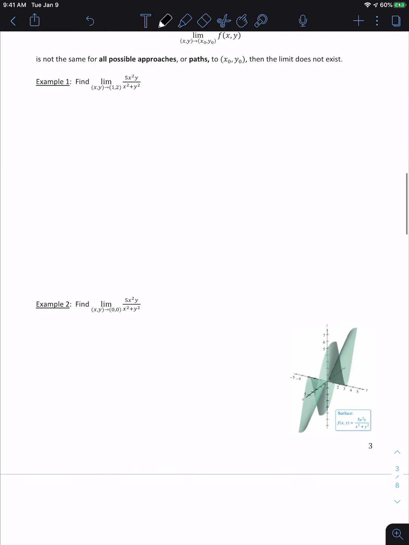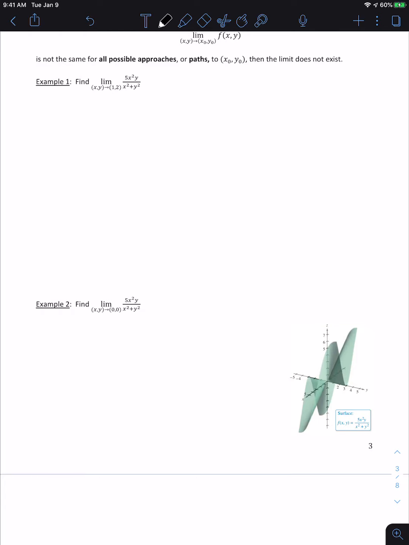All right, so let's go ahead and look at example 1 here, since it's a relatively easy one. It says to find the limit as (x, y) approaches the point (1, 2) of the function f(x, y) = 5x squared y over x squared plus y squared.